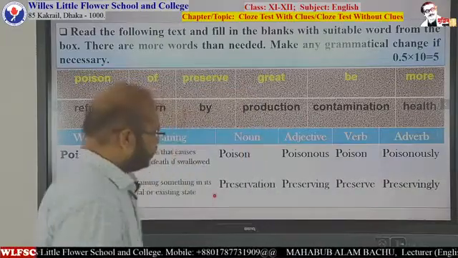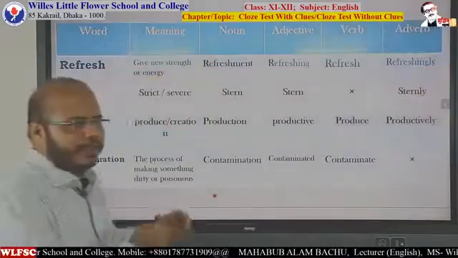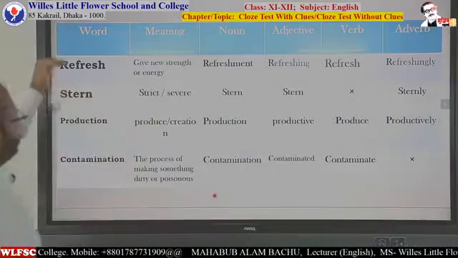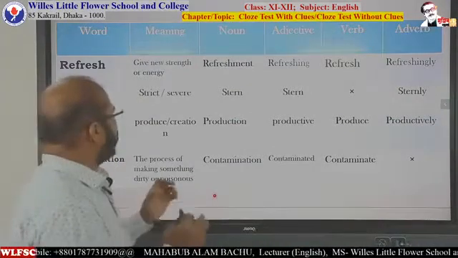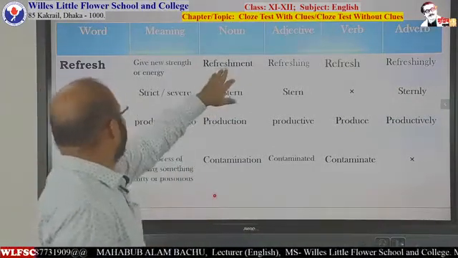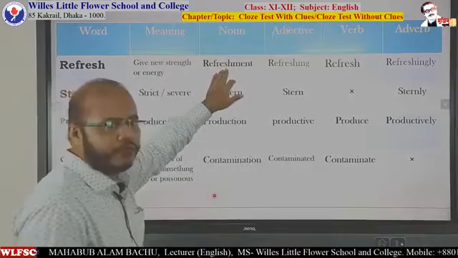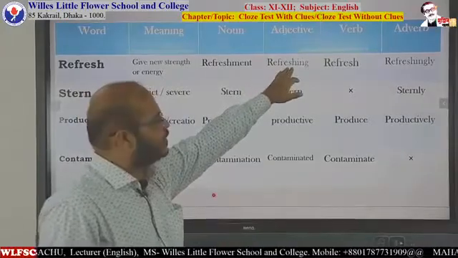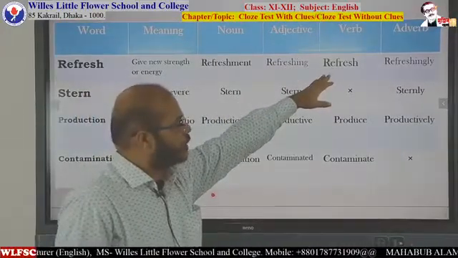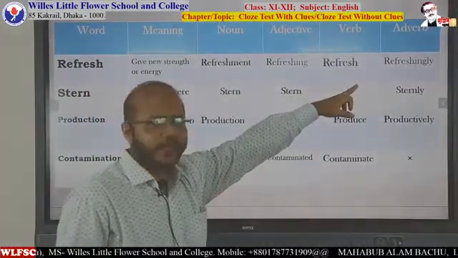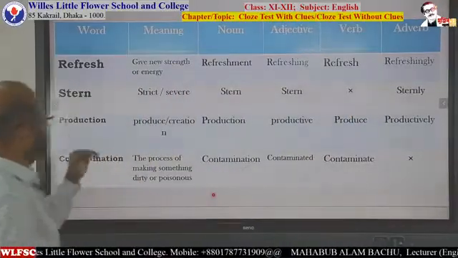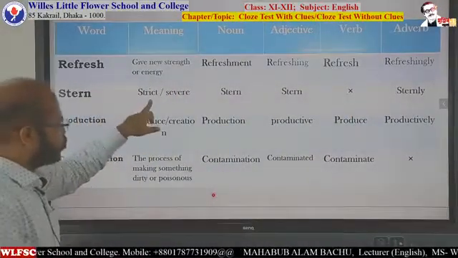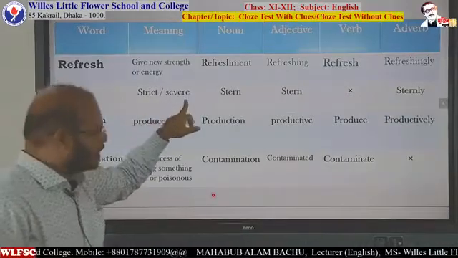In this way, go to the next words. Refresh means give new strength or energy. The noun form of refresh is refreshment, adjective refreshing, verb again refresh, and adverb refreshingly. Next one, stern. Stern means strict, severe or tough.